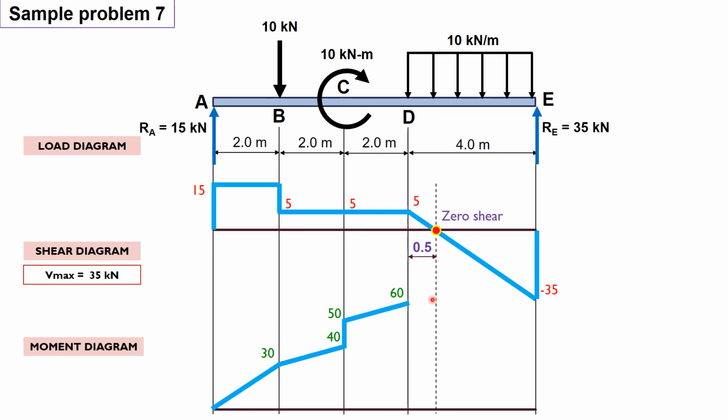And that area is, since this is a triangle, so that will be 1/2 of 5 by 0.5. So after adding this area to 60, so that will be your ordinate here. And of course, you need to connect 60 to that ordinate at the point of zero shear.